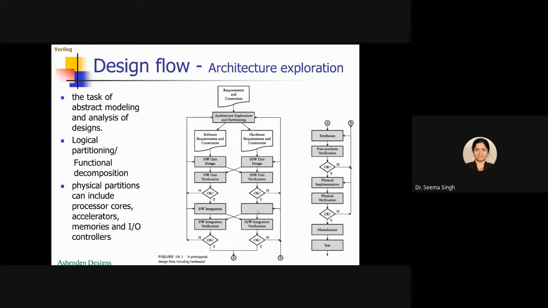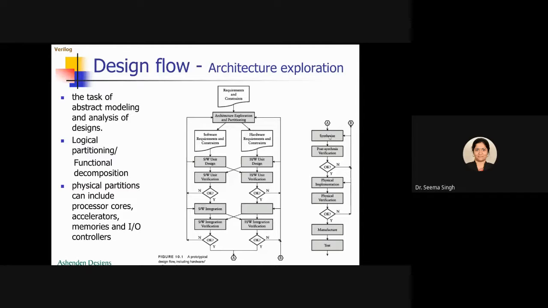Once all this is done, it goes to synthesis. When your partitioning is done, and your software is implemented in hardware, done and verified, then only it goes for synthesis. So you can see this partitioning comes before the synthesis level.